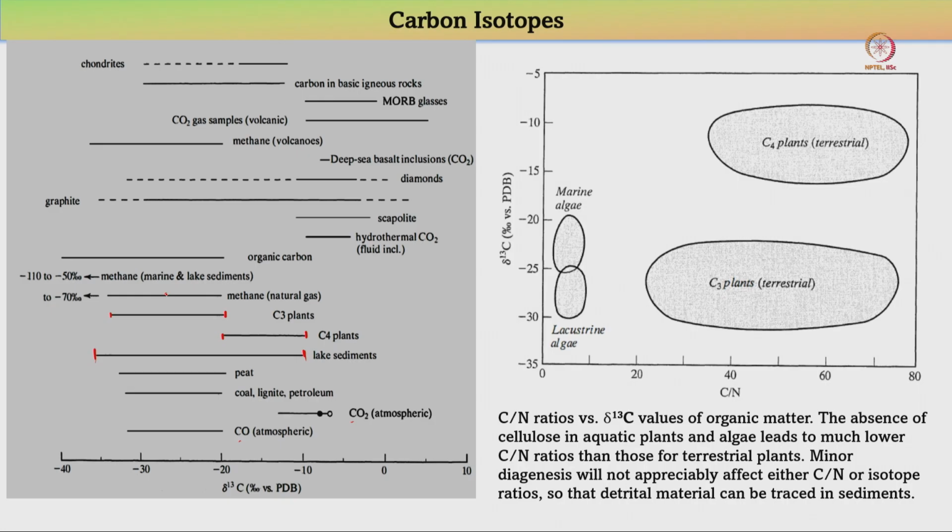The graphite has a huge variation, diamonds have huge variations, then there is carbon dioxide from volcanic gas. Okay. So, they basically show the internal Earth's signature. Okay. So, similarly, there are MORB glasses, because glass crystallizes very quickly, a lot of fluid inclusions get trapped, and these inclusions are taken out, they are sampled, and then their composition is determined.